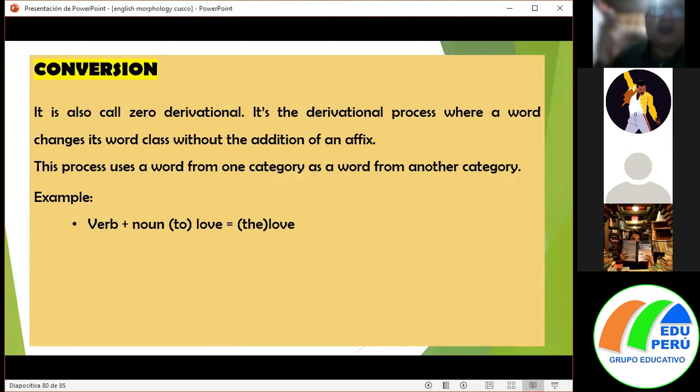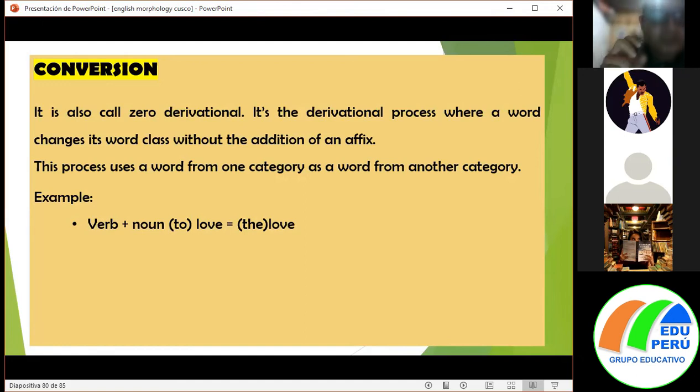But when you say, love is eternal, you're using it as a noun. But you don't use any affix. You don't use a prefix or suffix. It's the same word, but you change the type of word. I love eating, love is a verb. Love is eternal, now love is a noun. So we call this conversion.